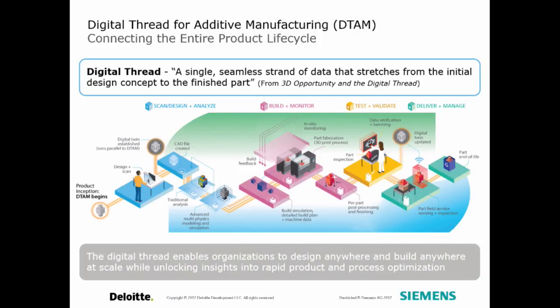The second phase is build and monitor, where the parts are actually produced. This is where the additive manufacturing process takes place. Moving on, after production is complete, prior to the part leaving the factory, we have some inspection operations that take place, and then finally the deliver and manage.